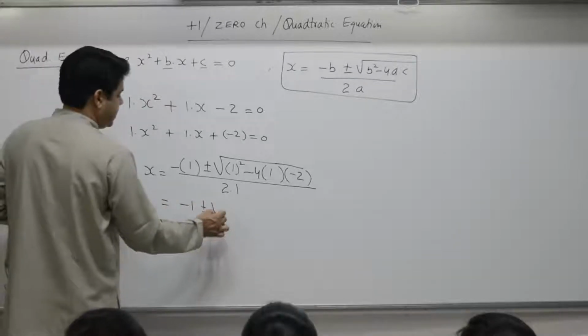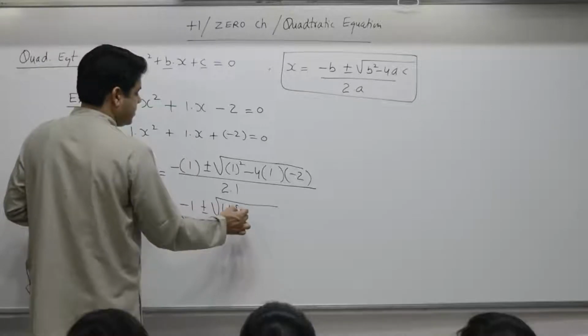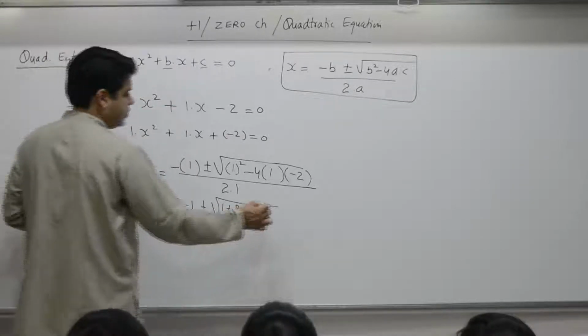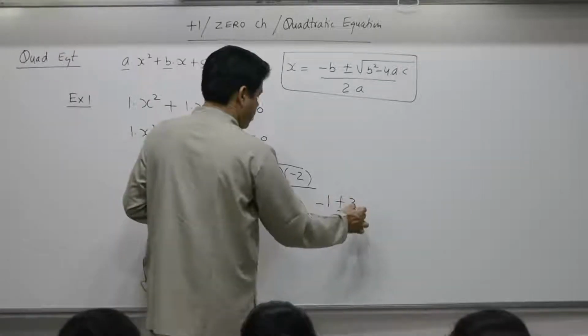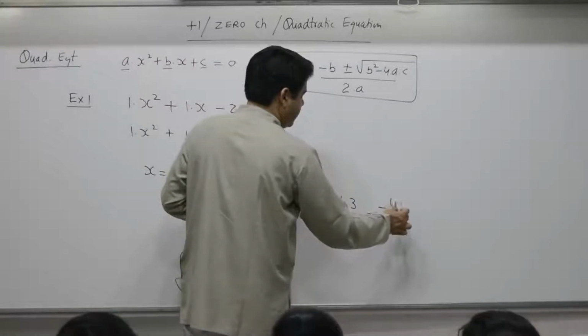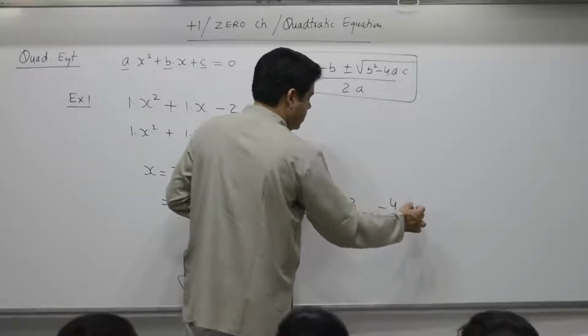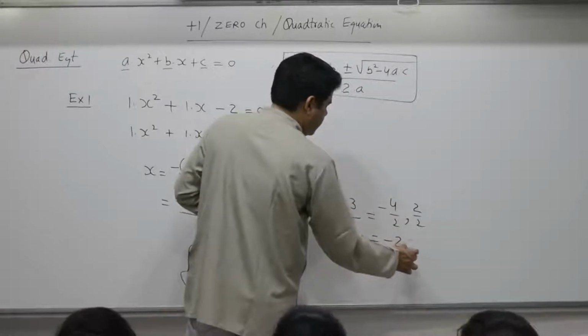Minus 1 plus minus root of 1 plus 8 by 2 is equal to minus 1 plus minus 3 by 2 is equal to what? Minus 4 by 2 or 2 by 2, means minus 2 and 1.